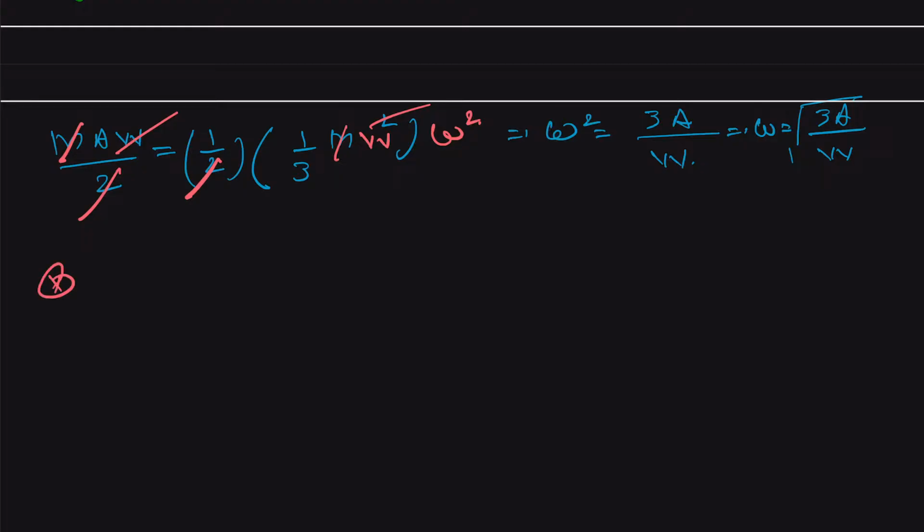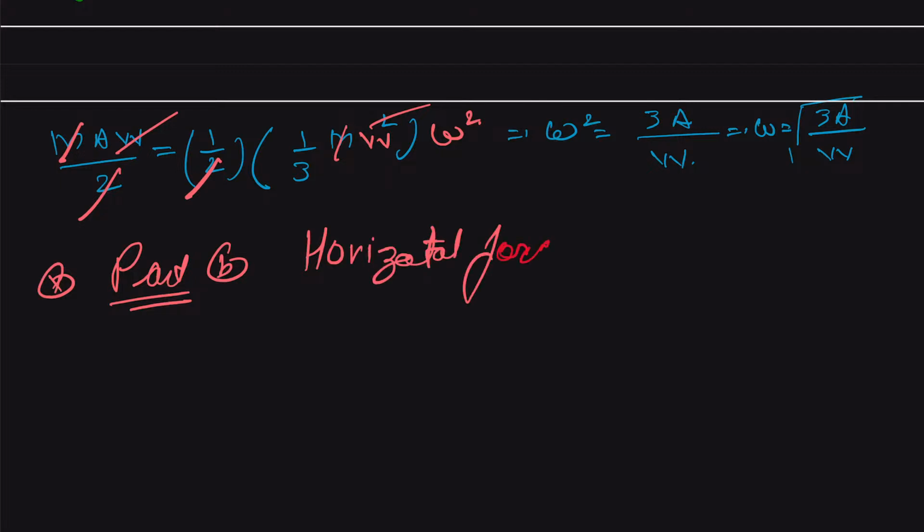So we have our part B, which means the horizontal force at theta equal to 90 degrees.